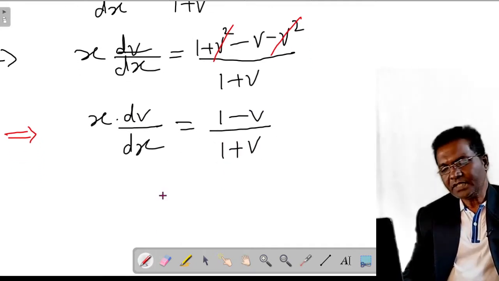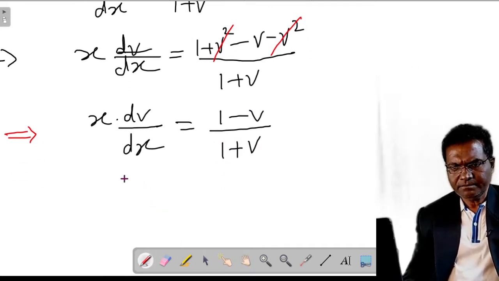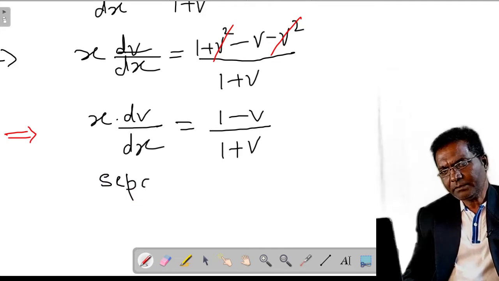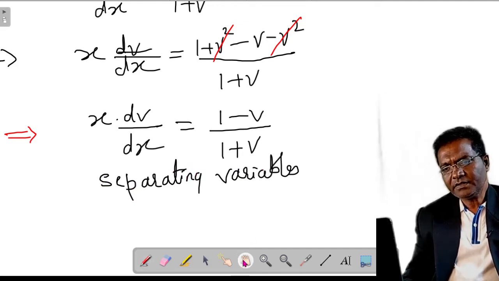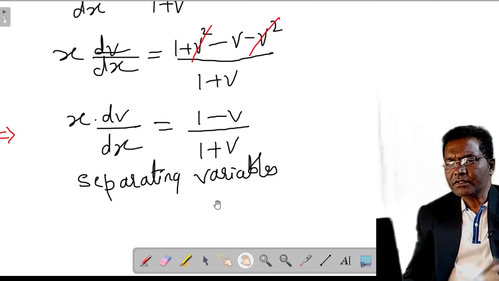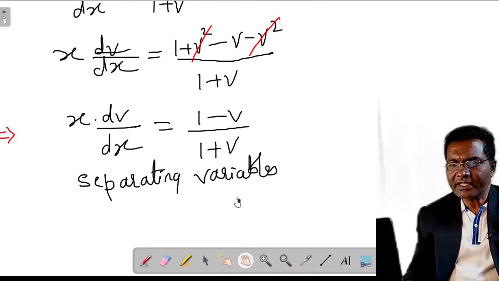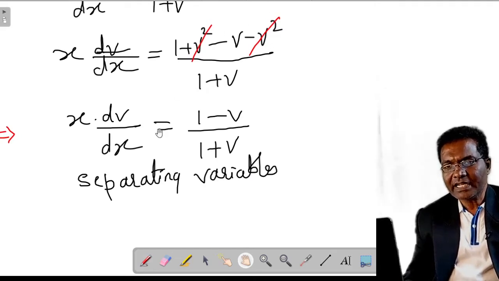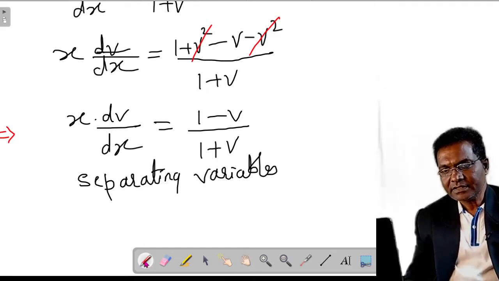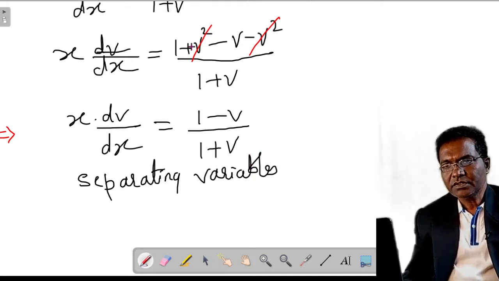Okay. Now you need to separate the variables. Separating variables means v terms on one side and x terms on the other side. So what will you get?